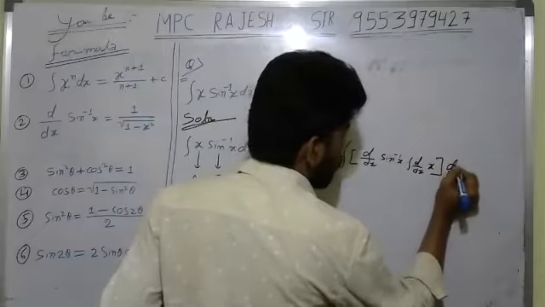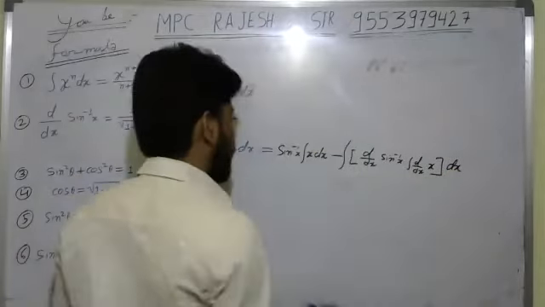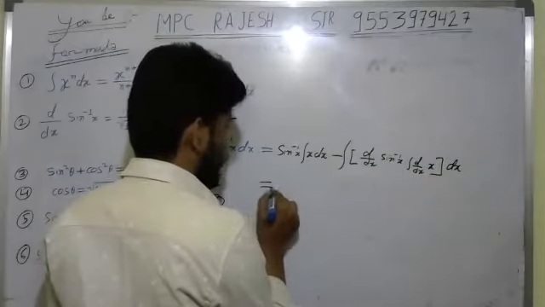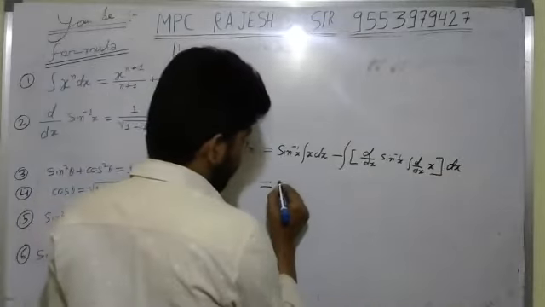Close, and at the end the total plus C will come as it is. So now sine inverse x is as it is.